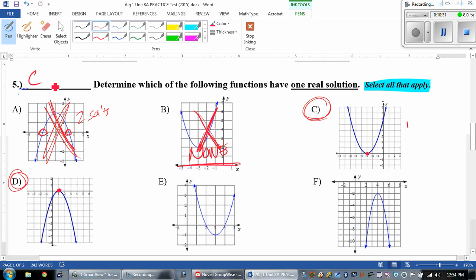So I know that D's in there. E, it crosses twice, so it's not E. And then F, there's our x-axis right there. And does it cross? Nope. So our answers are C and D.